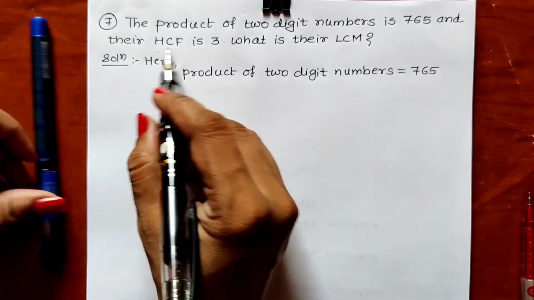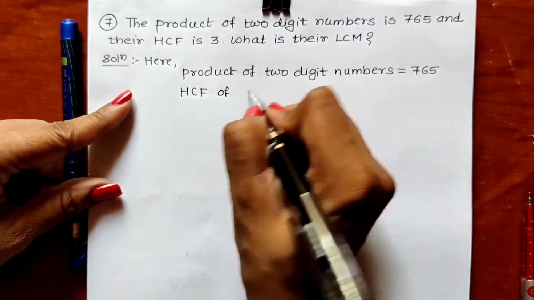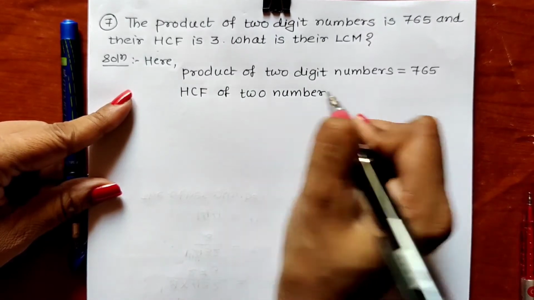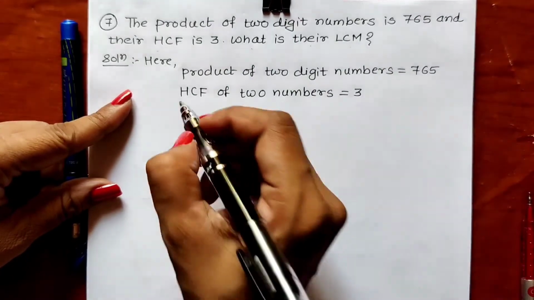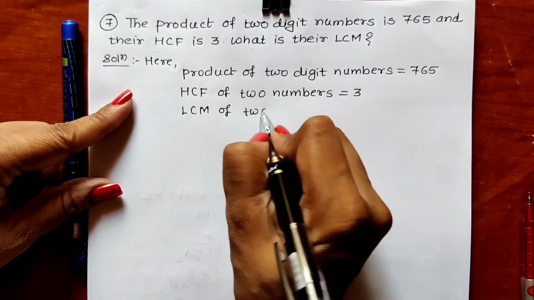Again we are given their HCF. So HCF of two numbers is equal to 3. What we have to find out is their LCM. So we have to find out the LCM of two numbers.